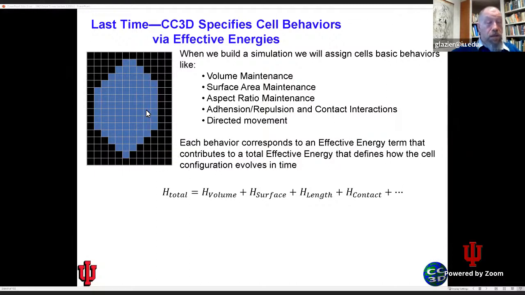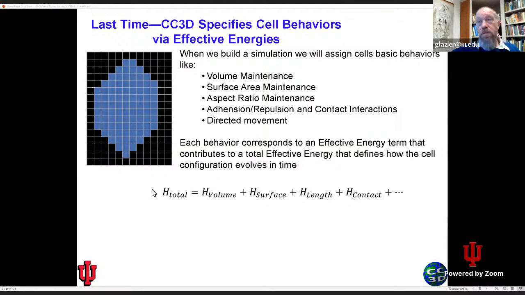It's occupying a certain number of voxels. If I took that initial condition and ran it in the simulation with no effective energy associated with volume, what I would find is that those voxels would disappear. The cell would disappear. And so I need to have something that maintains the cell volume. And we'll call that a volume energy or a volume constraint.